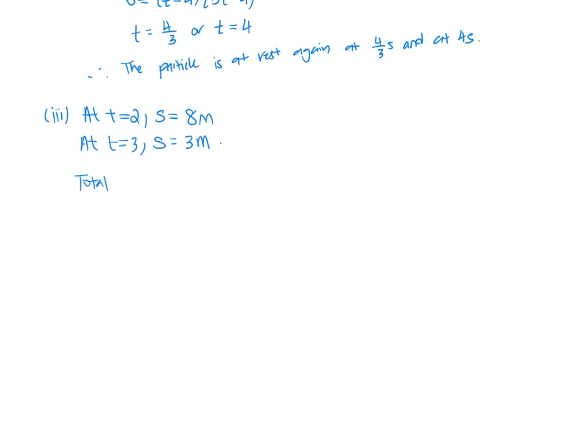The total distance will just be 8 minus 3, which is 5 meters. Therefore, the distance traveled in the third second is 5 meters. Alright, so that will be for part 3.